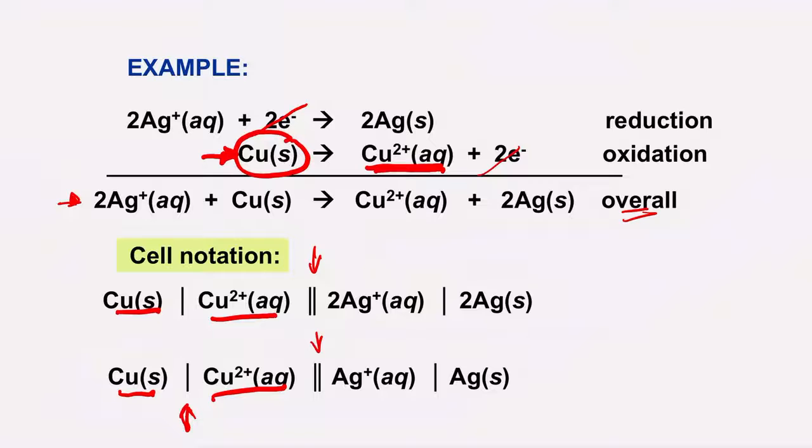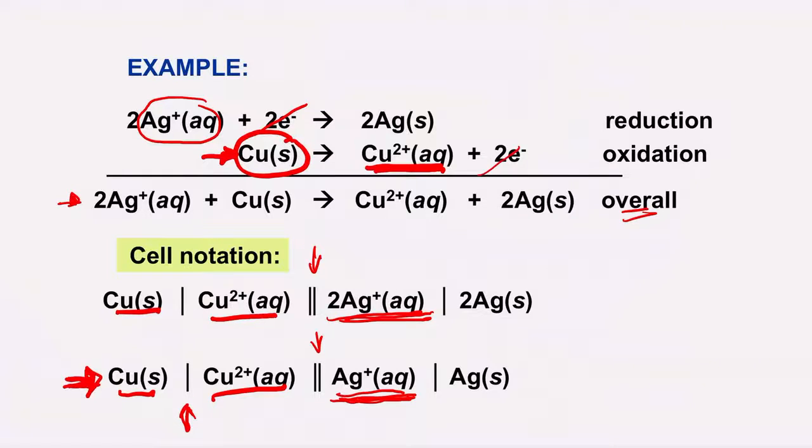So cathode half cell, who is undergoing reduction? Your Ag plus aqueous, right? Okay. So do you write Ag plus aqueous only, or do you put in your 2 moles there? Which one? Okay, so you're going to do it this way.